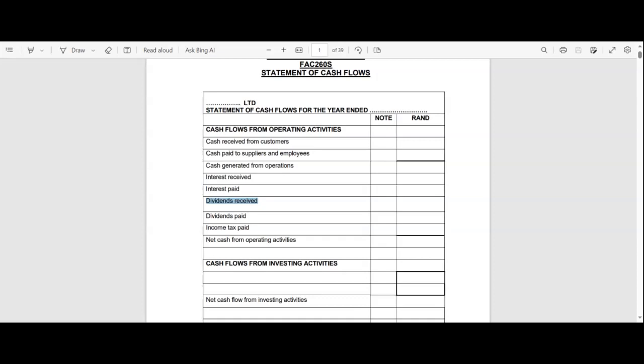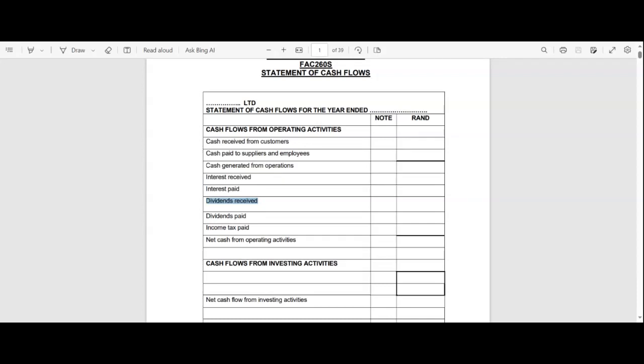So your cash flow called dividends received is directly related to dividend income. So if you've got dividend income as part of your revenue, and that is part of your statement of comprehensive income, you will in all likelihood also have dividends received.